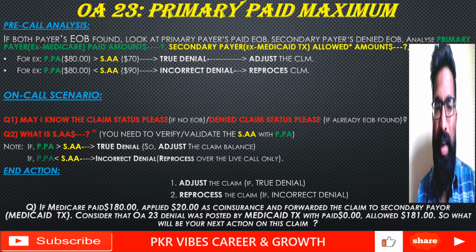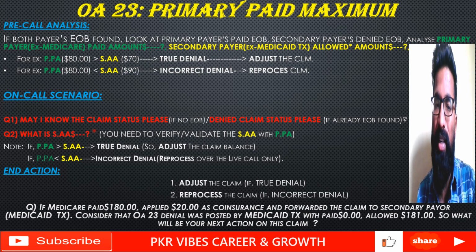In the first example, the primary paid amount is, for example, Medicare paid $80, and the secondary allowed amount is, with Medicaid Texas, allowed $70. The secondary insurance paid $0, but the secondary insurance allowed $70. That is what we call a denial.